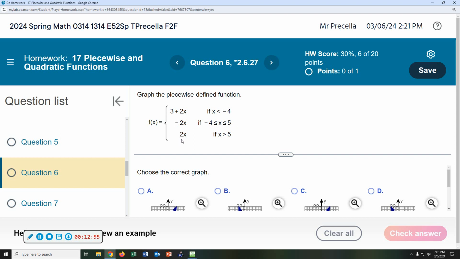Everything except for the red looks black to me on the camera, but I was thinking maybe purple will stand out better than blue. We'll use 2x if our x values are greater than 5. 3 plus 2x. Let's make sure I didn't miscopy this. That's the negative 2x. Okay, that's right.